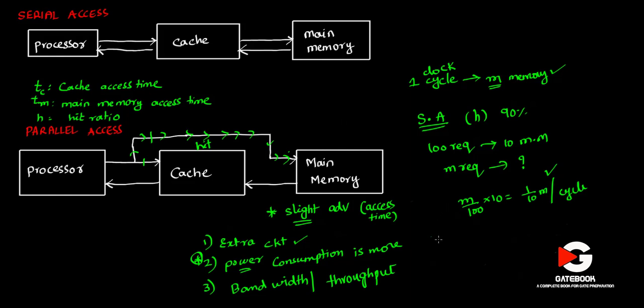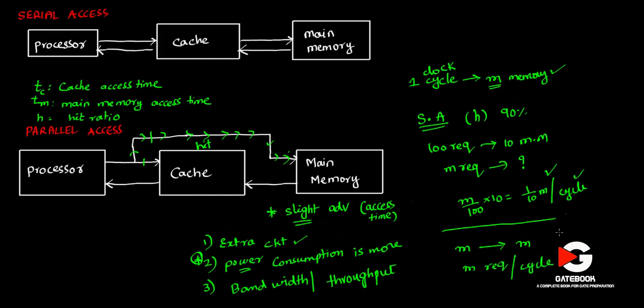So now second one, parallel access. In parallel access, if you have m memory requests, out of them, how many are going to main memory? Everything, right? So every memory request goes to main memory. Whether it is served or not doesn't matter, but whether it is taking it or not, correct? So how many requests are going? m. That means here the bandwidth is m requests per cycle.